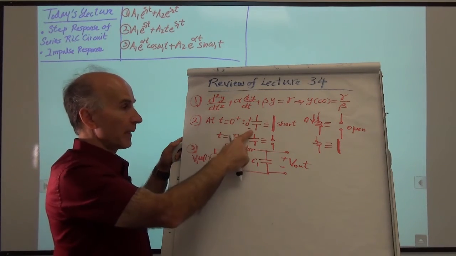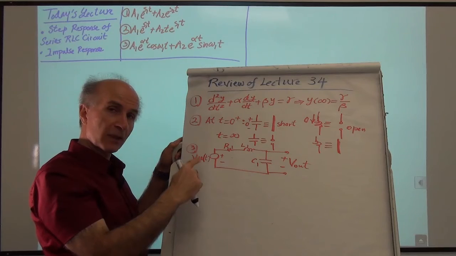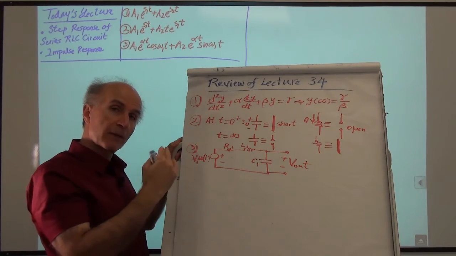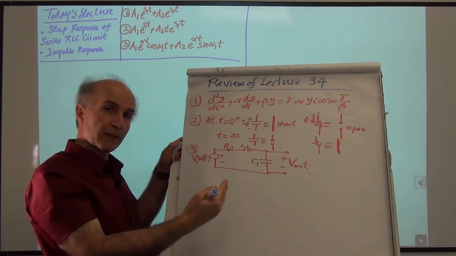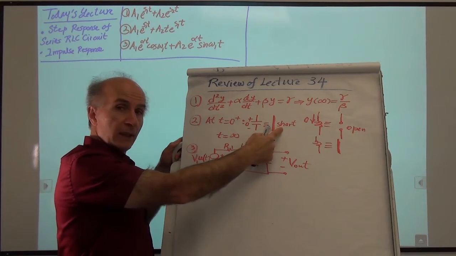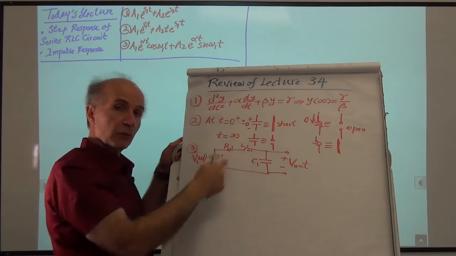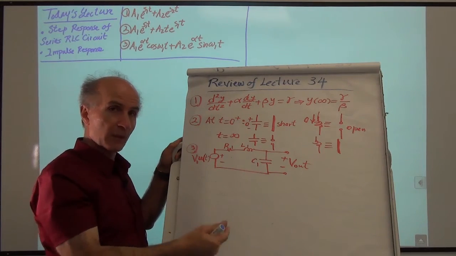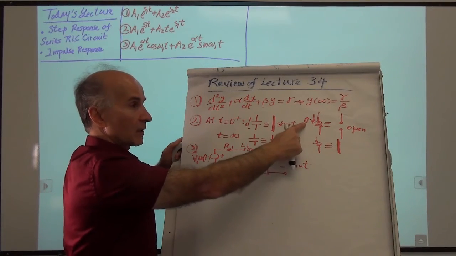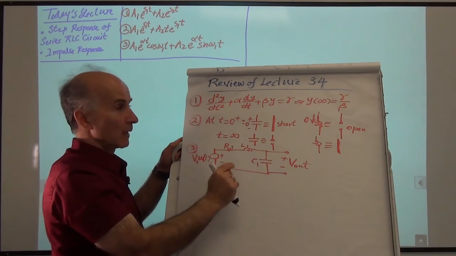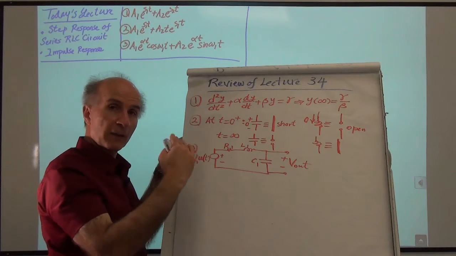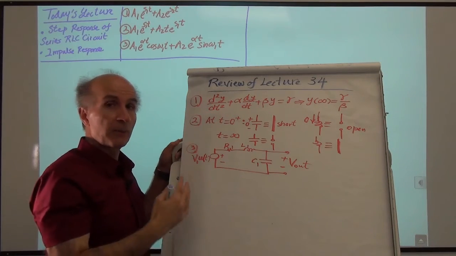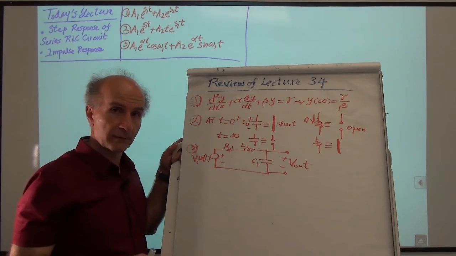We saw that if a capacitor has a zero initial condition before time zero, then from 0 minus to 0 plus, it acts as a short circuit because it wants to keep this voltage at zero. Similarly, an inductor starting with an initial condition of zero current acts as an open from 0 minus to 0 plus because it doesn't want any current to flow.